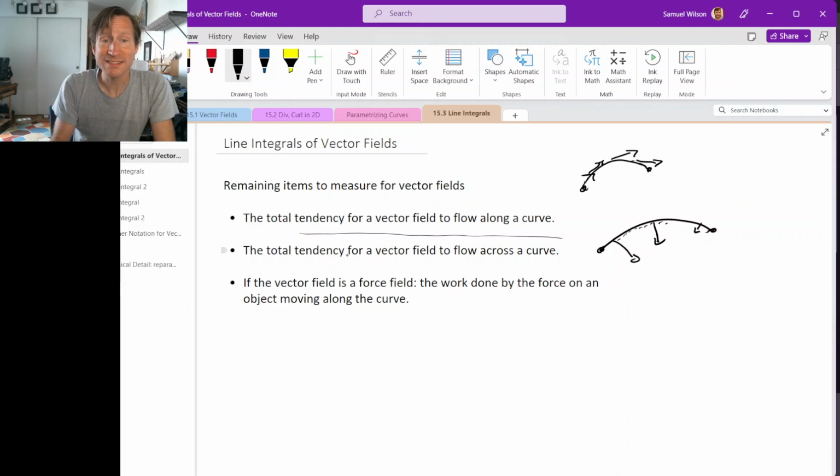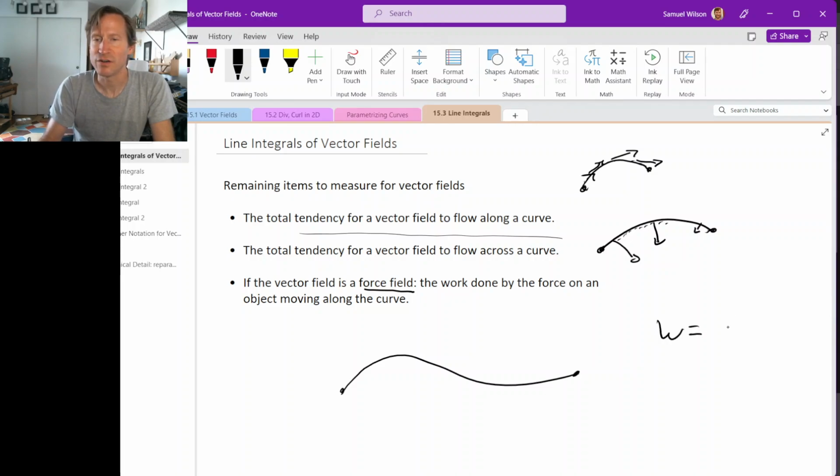And then one last thing is, if our vector field is representing a force field, we ought to be able to measure the work done by the force on an object that moves along a curve, right? Because in general, work is force times displacement.